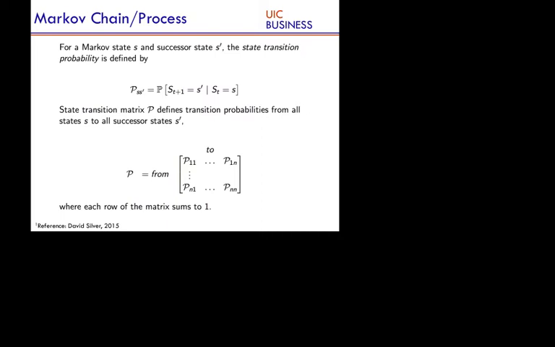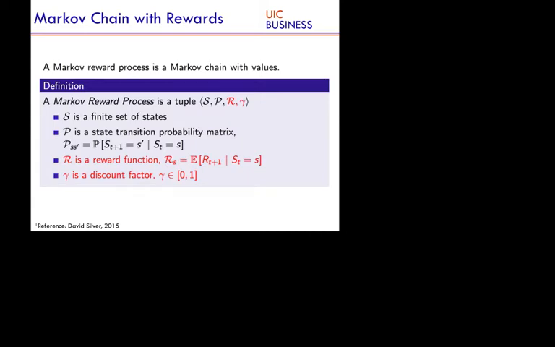To reiterate, the transition probability matrix of a Markov chain is P subscript S to S prime. We have seen this multiple times, I think in the sampling methods for inference in graphical models.